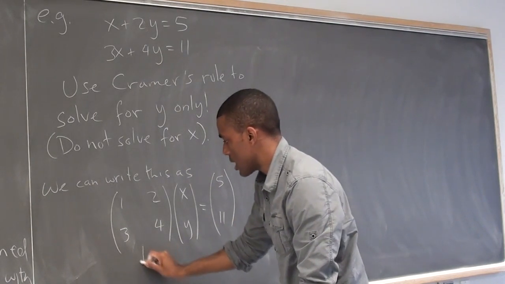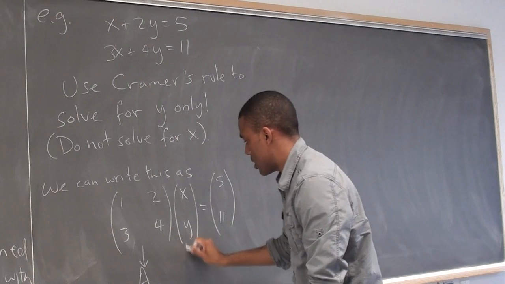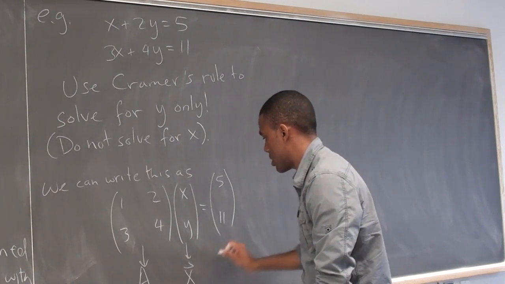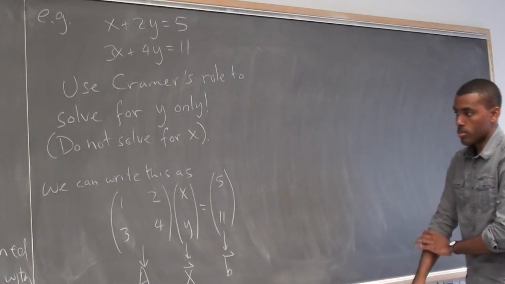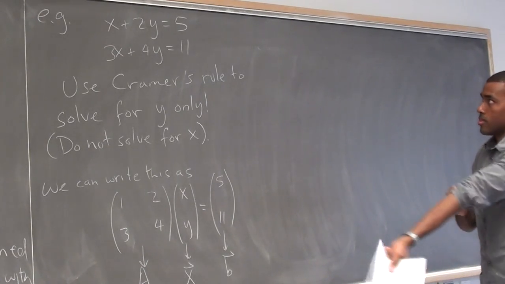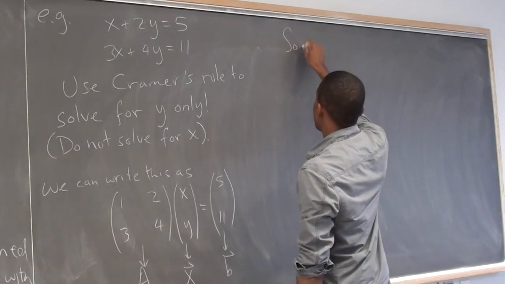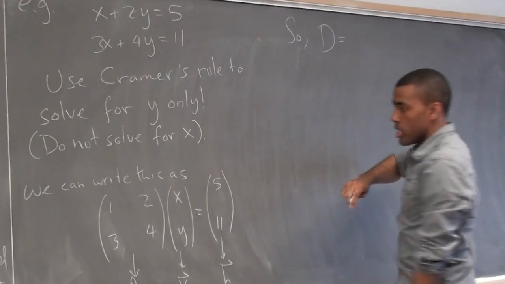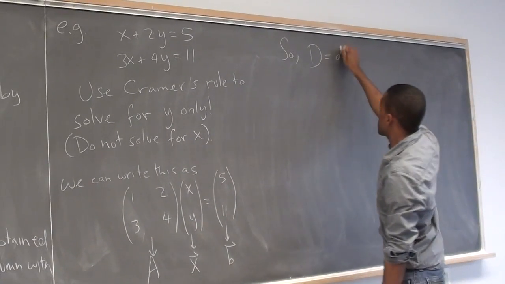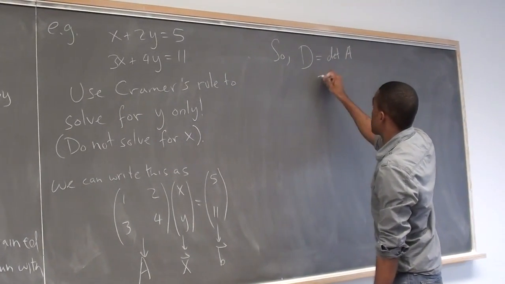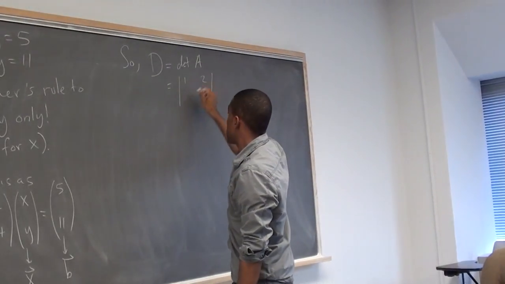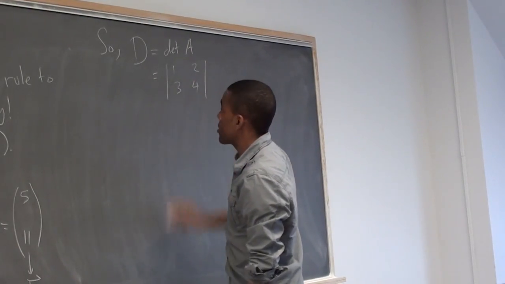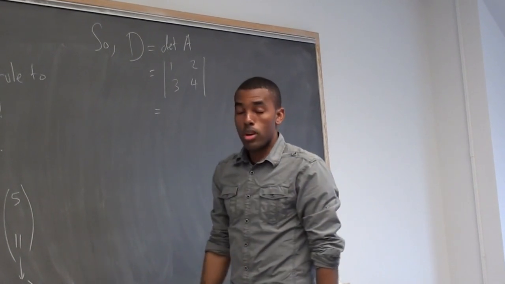So this is the A, this is the x, this is the b. So d is equal to the determinant of A. So it's going to be a determinant of 1, 2, 3, 4, which is what? -2.